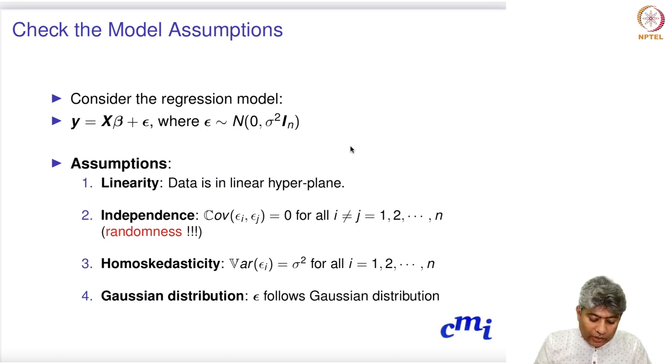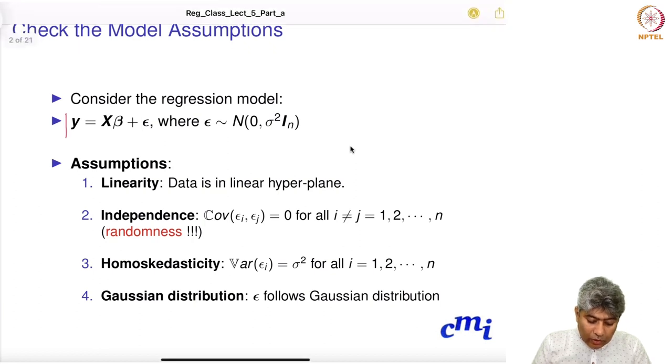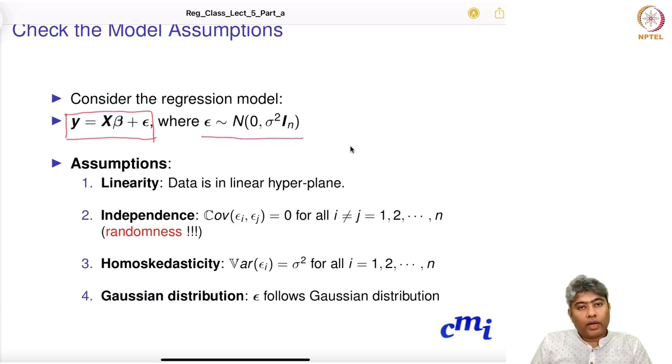So as usual, we start with the model y equal to X beta plus epsilon, a linear regression model with epsilon following normal 0, sigma square I_n. I'm writing it in matrix notation, and remember that y is an n cross 1 response vector.